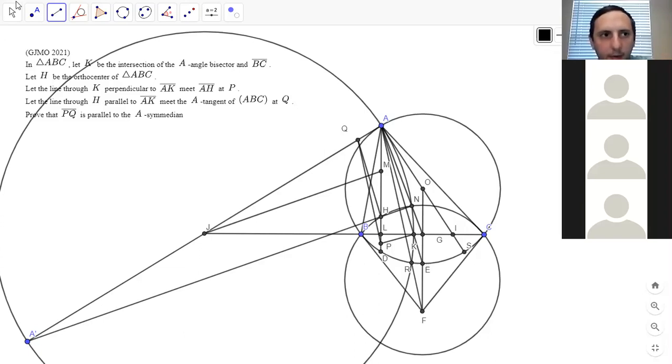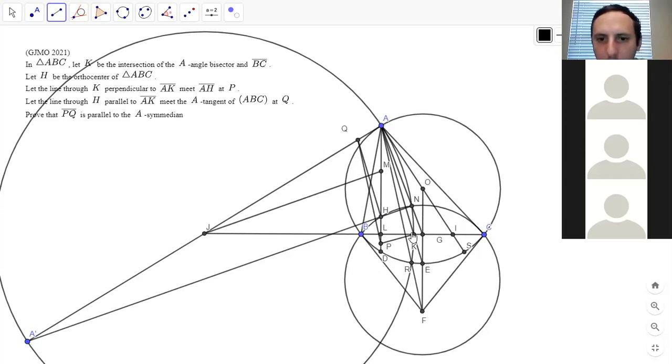Okay, I'm gonna try to write up that method. So let me see if I get this right. So you want to show that AIG is similar to APQ. Yes. But we know that some triangle is similar to AHQ. Was it AIK? AIK. Yeah. Okay, so AIK is similar to AHQ.